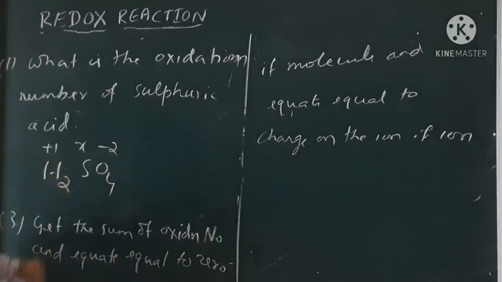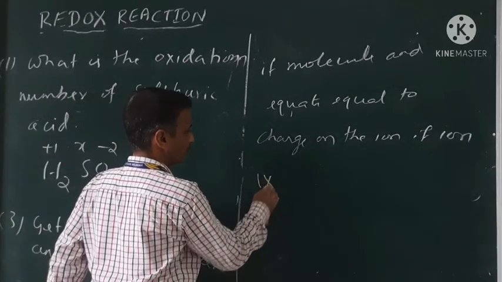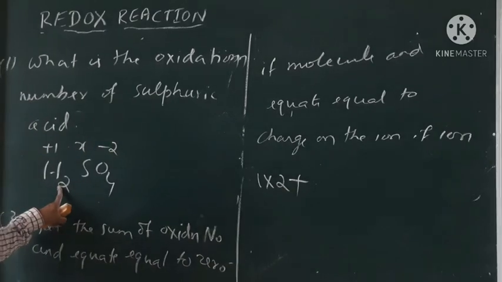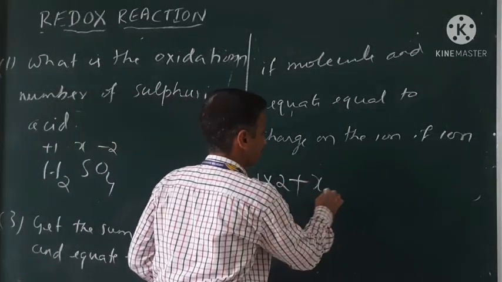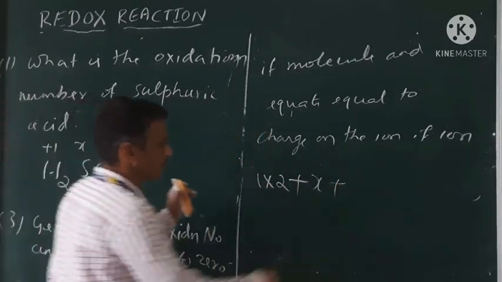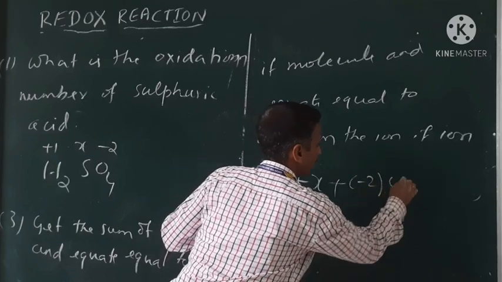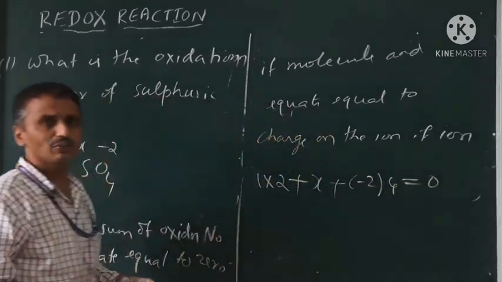You see, it's a molecule. So 1 into 2, plus X, plus -2 into 4, equal to 0. I have to do this because it is a molecule.